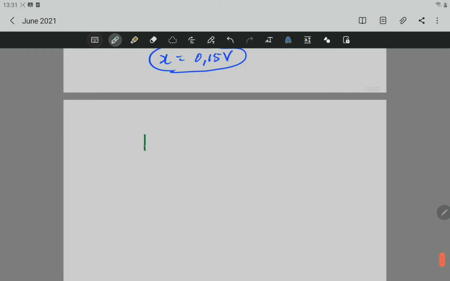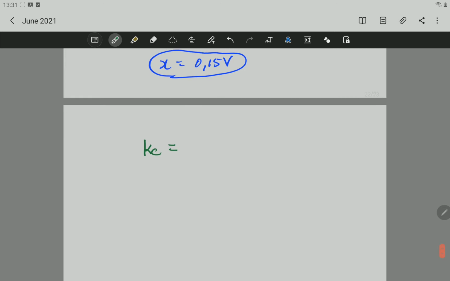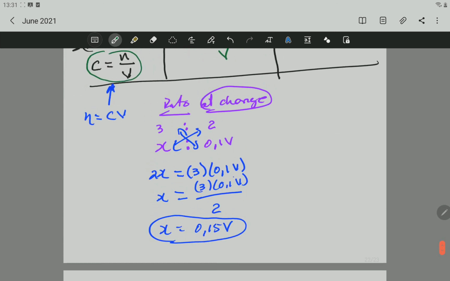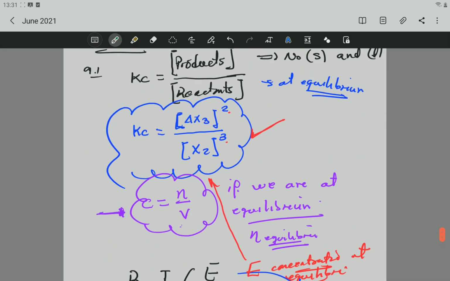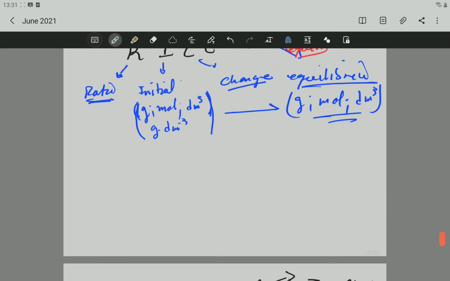Kc is equal to the concentration of product, AX3, to the power 2.